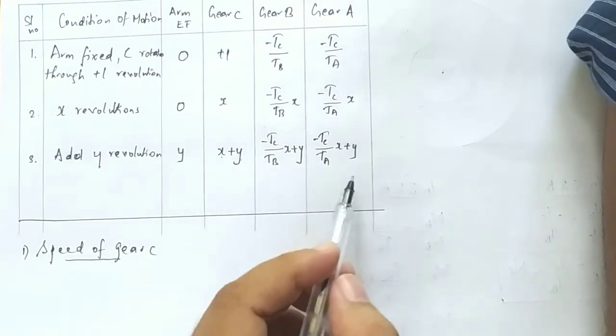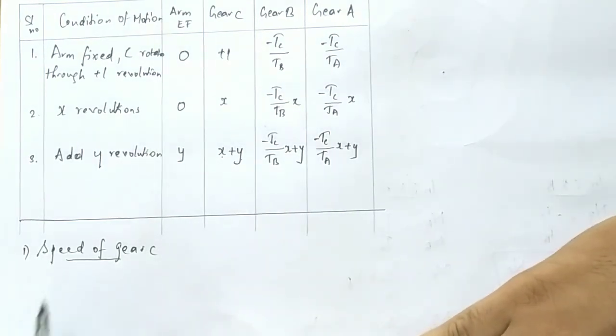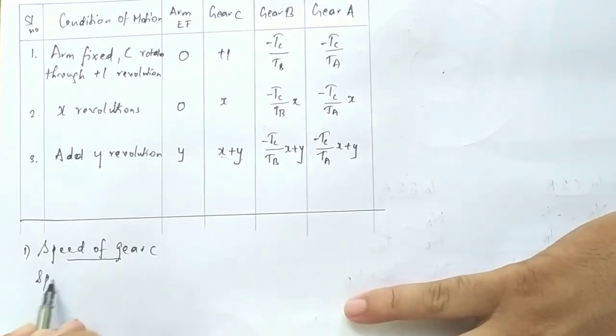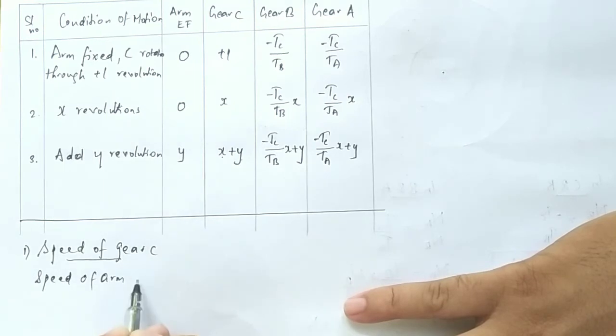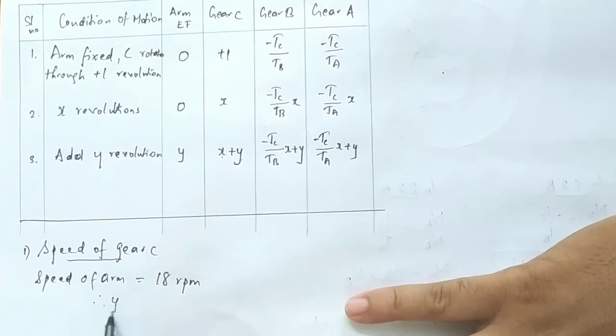For that, first we know one condition given in the question. Speed of arm is given as 18 rpm. So what is the speed of arm? Speed of arm is nothing but y. Therefore y is equal to 18 rpm. So this is one thing you will get.